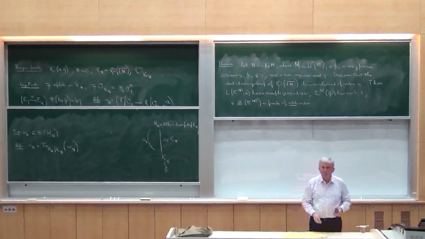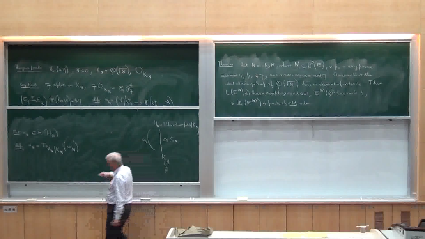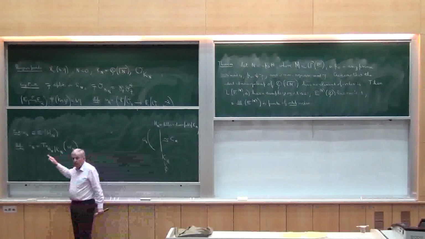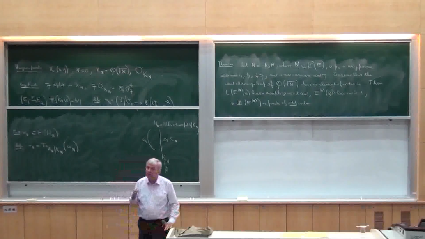Now the whole problem now, and this is where in some sense the classical theory stops, is that the big question is: is this point of finite order or not?